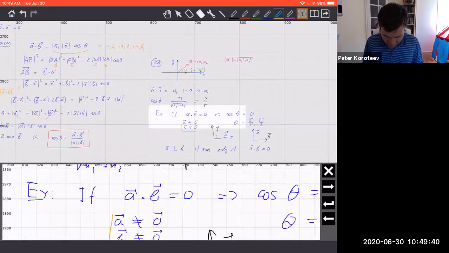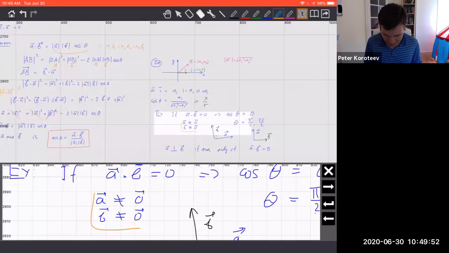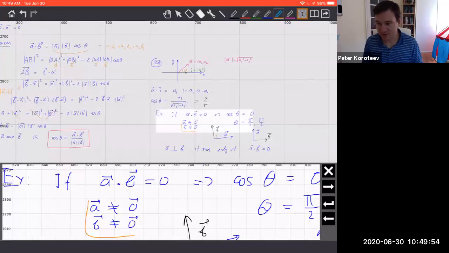So if you have a dot b equals 0, when can this happen, right? It can happen in 3 different instances. First, a equals 0. Then a dotted with any vector is 0. Second, b is 0. And of course, they can be 0 at the same time. And then the third instance, which is a bit more interesting, is when vectors are orthogonal.